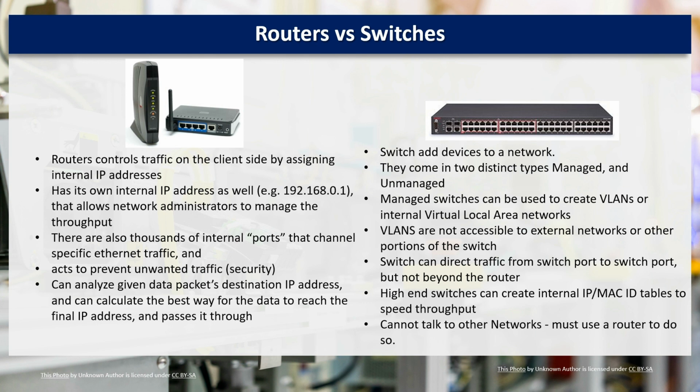This allows network administrators to manage the throughput. There are also thousands of internal ports that channel specific Ethernet traffic and act to prevent unwanted traffic for security. Routers can also analyze a given data packet's destination IP address and can calculate the best way for the data to reach the final IP address and will pass it through.